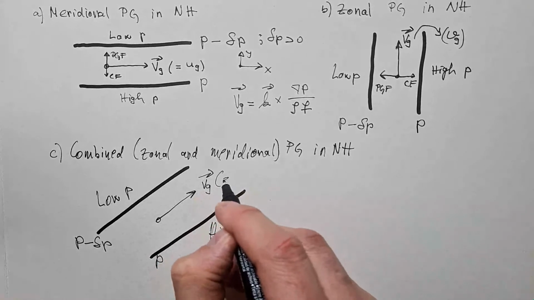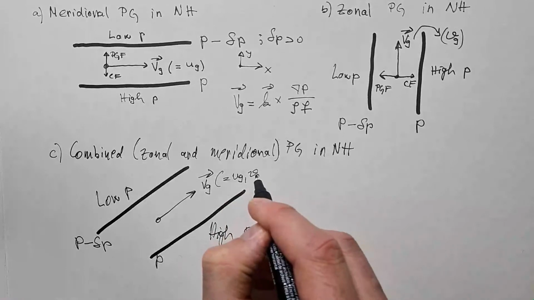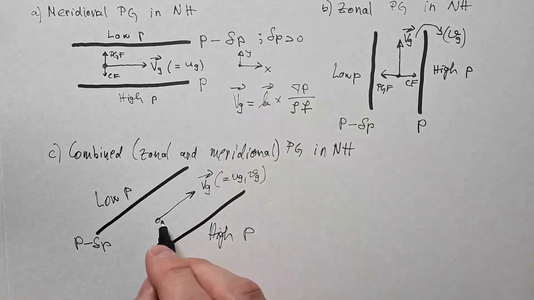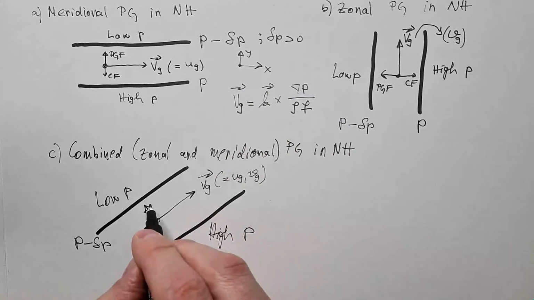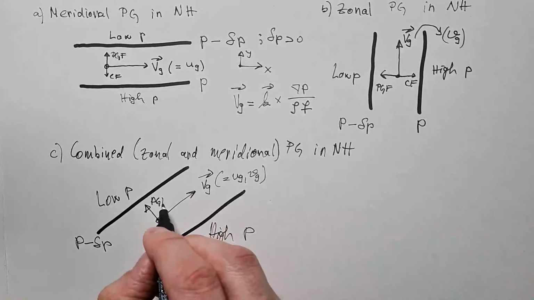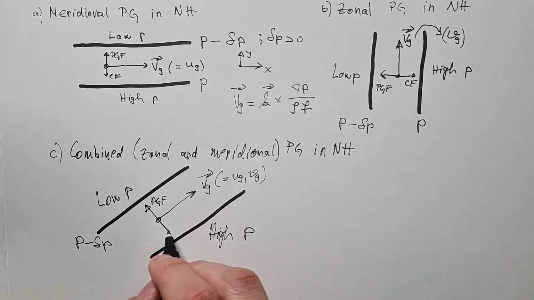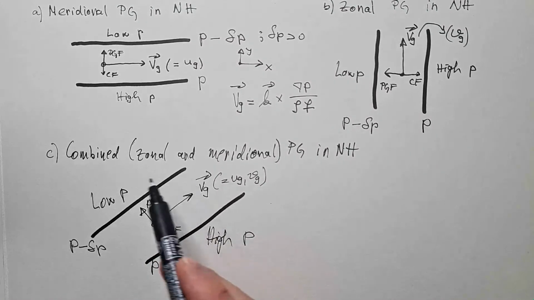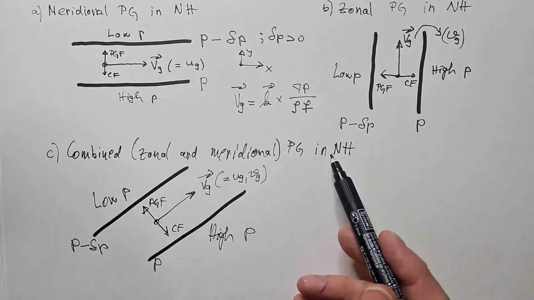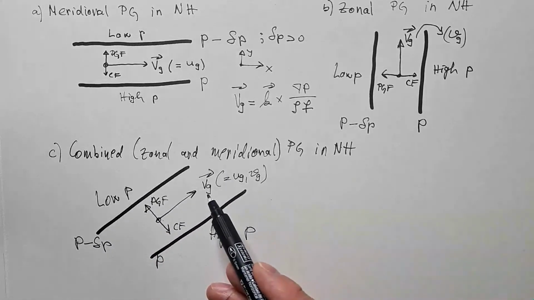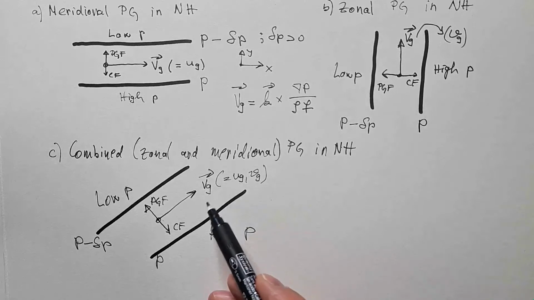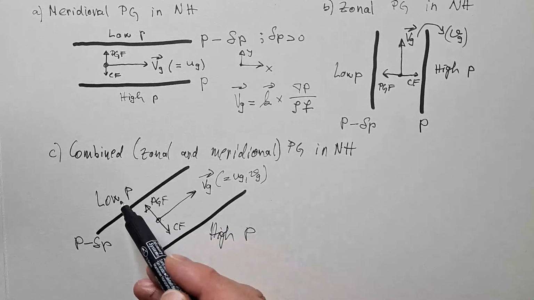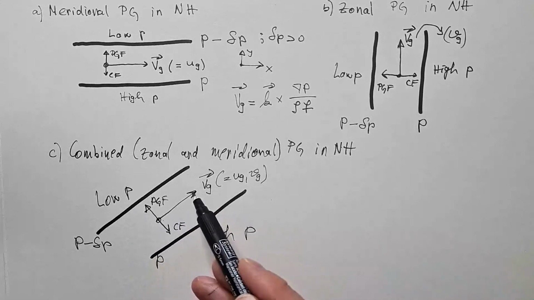And now notice it has both Ug and Vg components in this coordinate system. Pressure gradient force, PGF, and Coriolis force like this. You can also conclude now that in the Northern Hemisphere, geostrophic wind blows in a way that high pressure is to the right of the wind and low pressure is to the left of the wind vector.